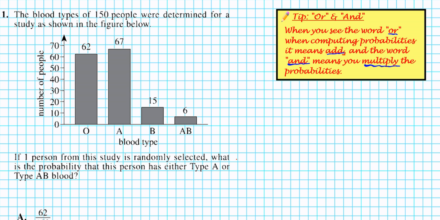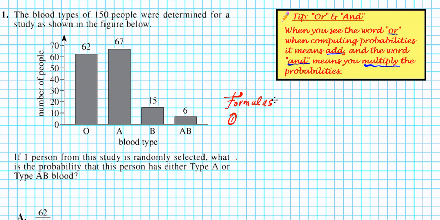Now, before we get started with the problem solving process of this question, let's take a look at some formulas. 2 formulas you want to keep in mind. The first formula is the probability formula.